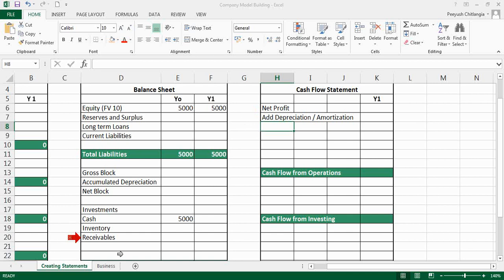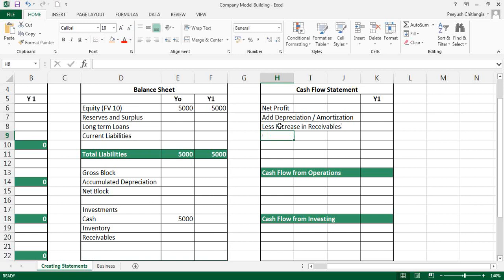So we will have to find out if there is an increase in receivables. If there is, that should be subtracted from my net profit number, because the net profit assumes that all the sales have been received. So less increase in receivables, right?